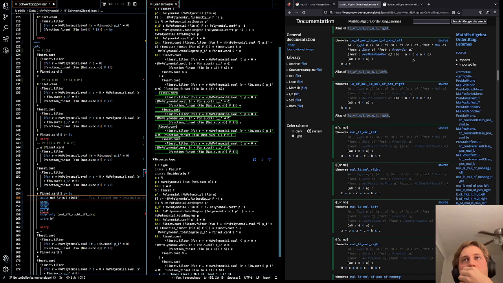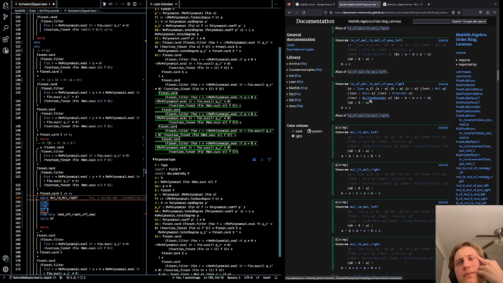So, less than or equal to of mul of us, right? Why is this even a condition to this theorem? If A is equal to 0, surely... Okay, wait, no, I'm wrong.